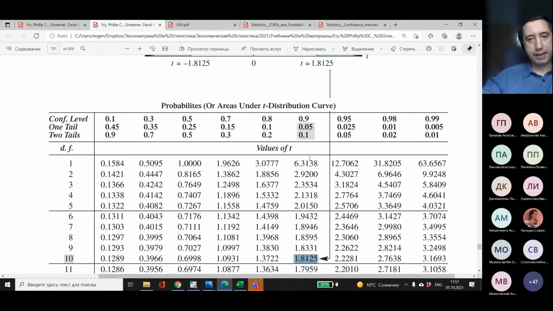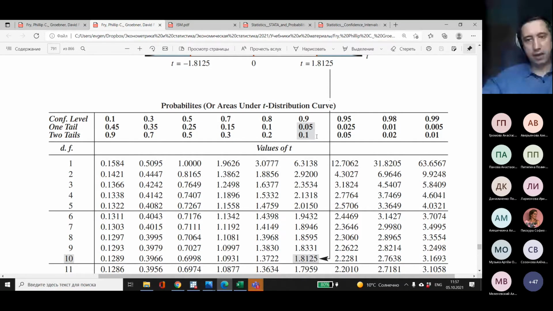Next, we are looking for alpha. We actually have two rows here we should work with: confidence level, or we can use alpha, two tails. Don't use one tail now. You should just use the first row or the last row. Two tails are actually over alphas.